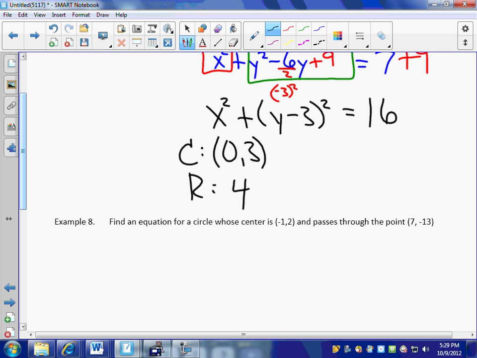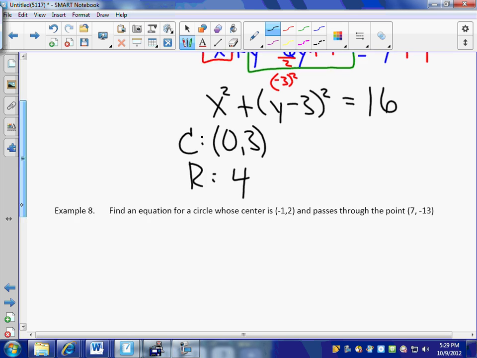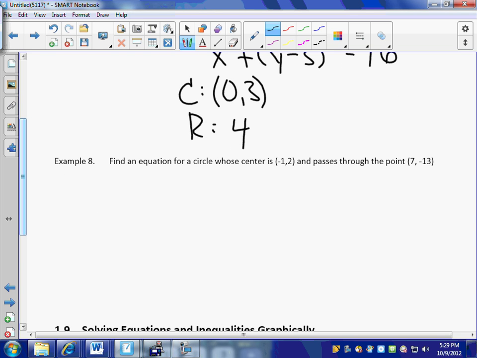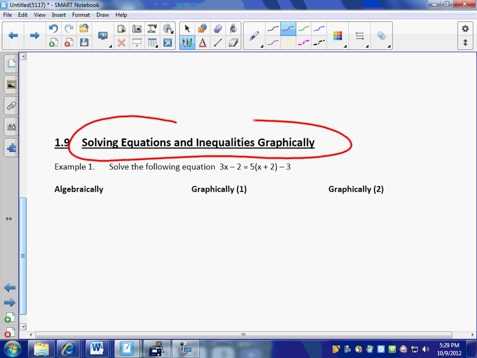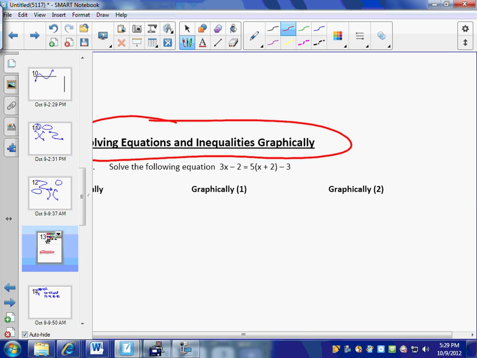So you should be able to take equations for circles, put them in standard form, and identify the center and the radius. Also note, Precalculus, we talked about this earlier, Wednesday before break, you can plan on a test. As you glance here, we have solving equations and inequalities graphically. That's not going to be very difficult for everybody to do.